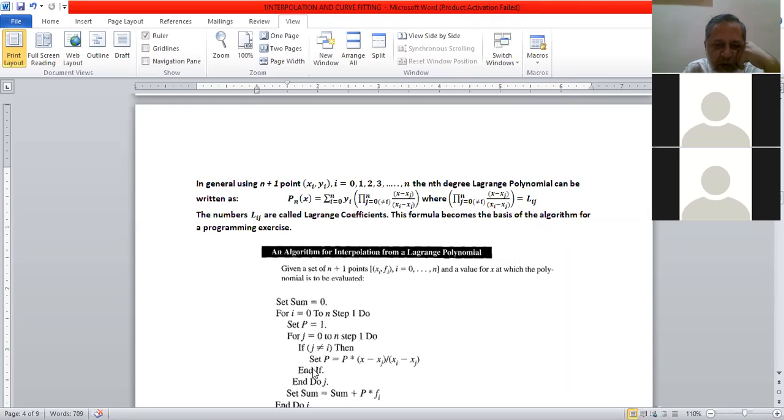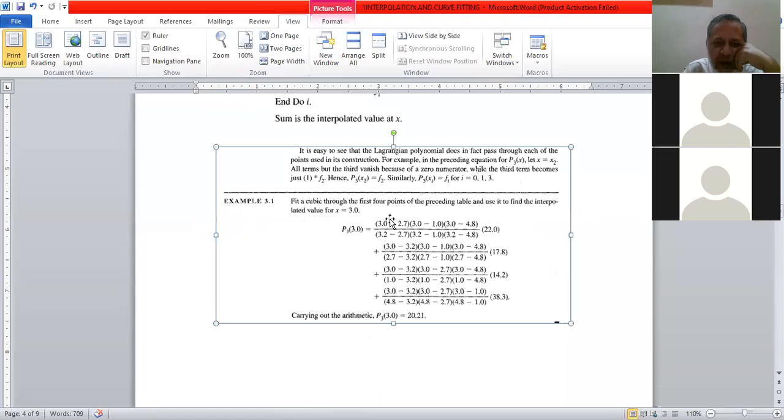So there are 2 loops: in one you are calculating a product, and in an outer loop you are calculating a sum. Those who have a flavor for programming, or CS students, should implement this formula.